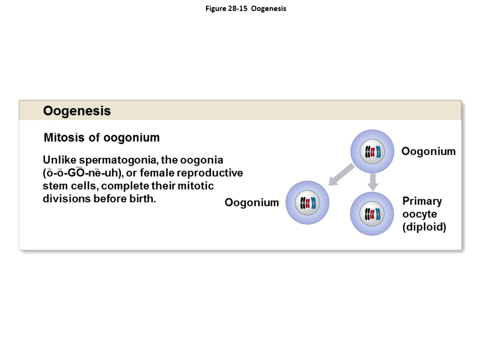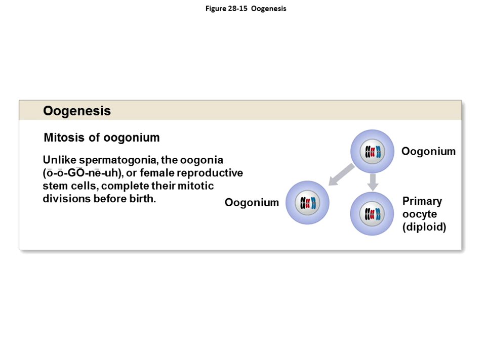So like spermatogenesis, oogenesis starts with an oogonium, and that oogonium is diploid, which means it has 46 chromosomes. That's true for both spermatogenesis and oogenesis: the stem cell has 46 chromosomes.